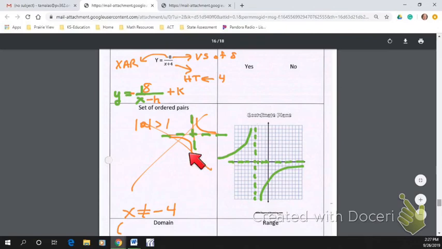Start at the left of the graph. I've got -infinity. I want to go all the way to -4, but I can't use the -4. Then I union that with -4 to positive infinity, just leaving out the -4 once again. We did that in chapter 2. Everybody okay with that?